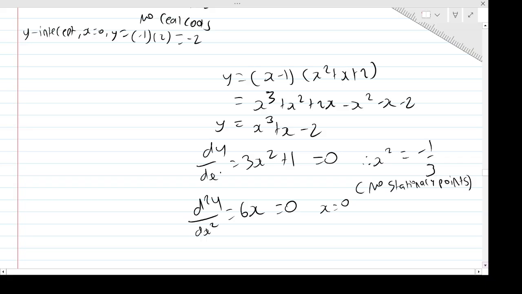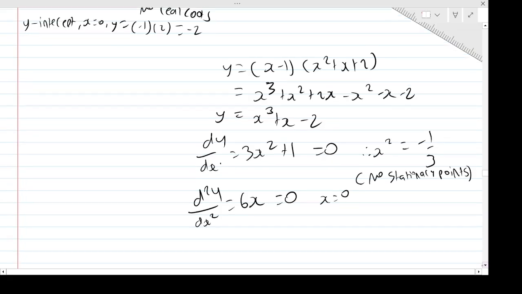What we're then going to do, we need to verify it's a point of inflection, because remember, one criterion is the second derivative has to be 0. That's not all. We then need to consider the sign around the point. So then what I'm going to do is let x be, well, not 0, but take away, let's say, 0.01.